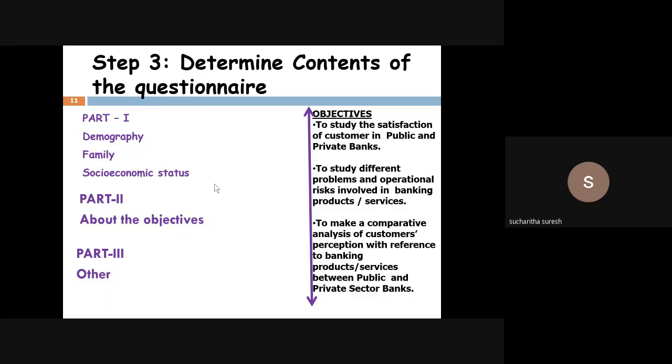This part, what we call a covering letter, should be there in any questionnaire. Now we don't give it as one sheet or as a covering letter, but one paragraph before any questionnaire should contain it, so that itself is taking consent from the people.